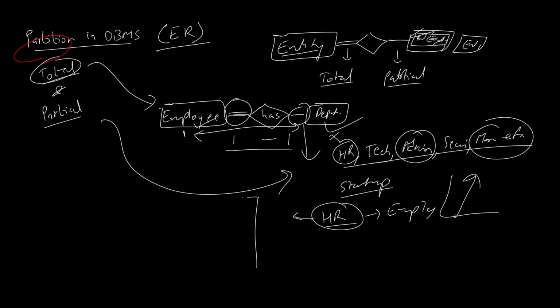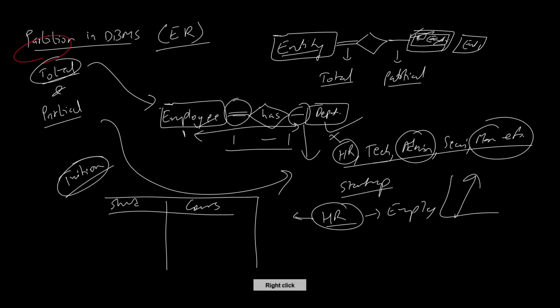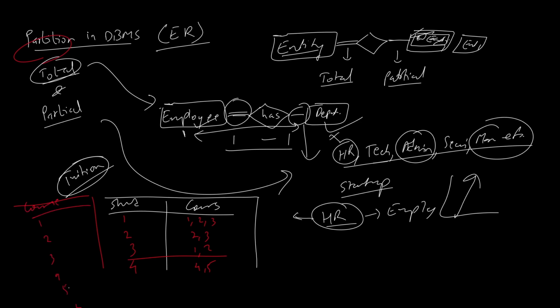Now you can have another idea, let's say there's a school with a course and a student. Let's take tuition for better explanation. Let's say there are students one, two, three, four, who are taking courses: one takes courses one, two, three, another takes courses two, three, another takes courses one, two, and another takes courses four and five.